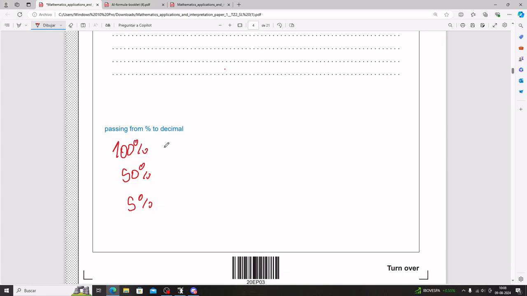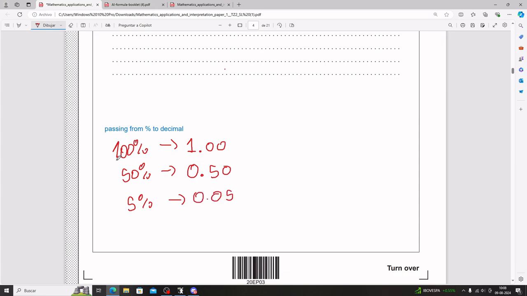If you remember how to pass these percents to a decimal, you're going to catch the pattern behind it. 100% in decimals is going to be 1.00. 50% is going to be 0.50, while 5% is 0.05.